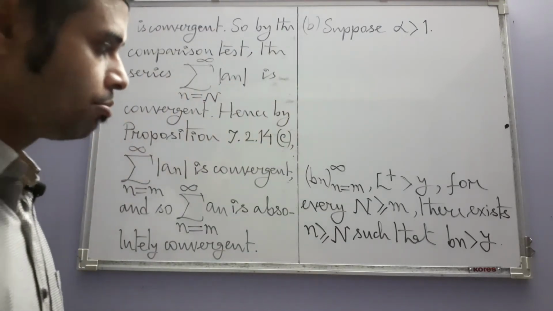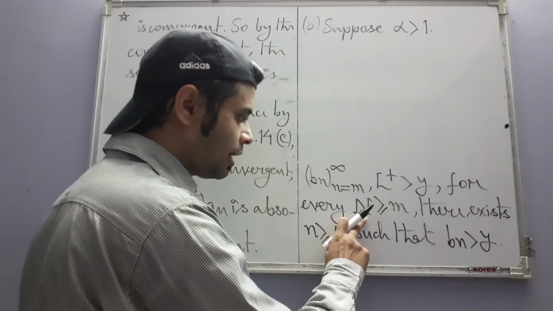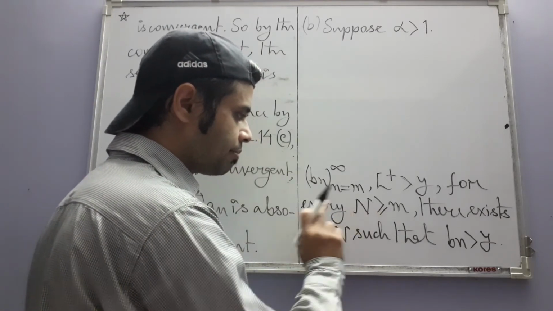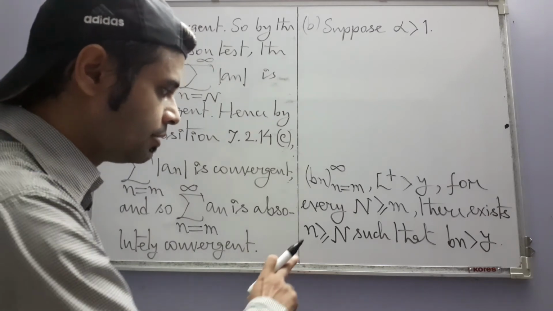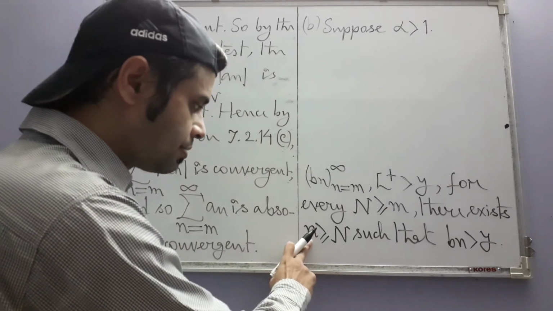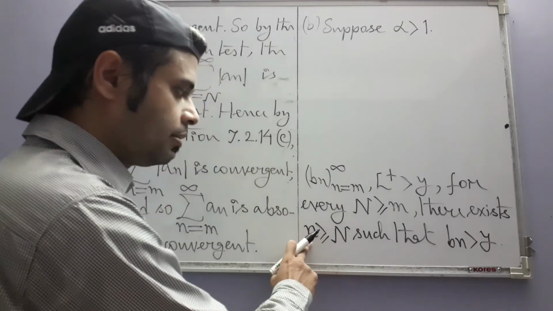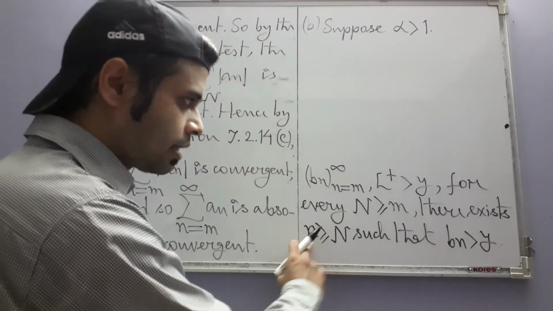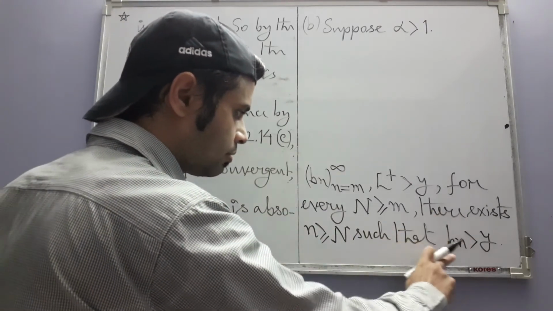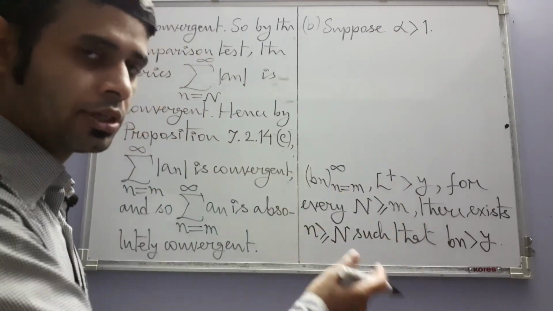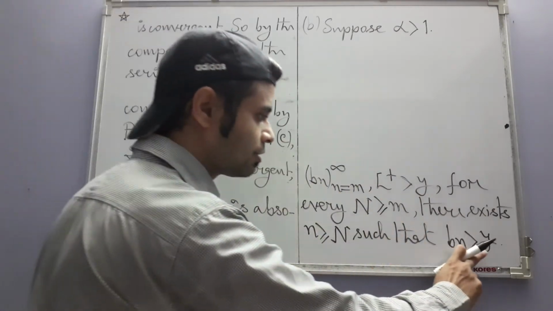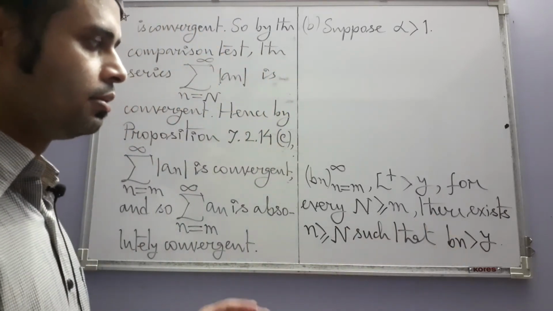That means no matter what you choose this capital N to be, you will get a stage or some instance after that N such that the term of the original sequence corresponding to that n, that is Bn, is also greater than y.